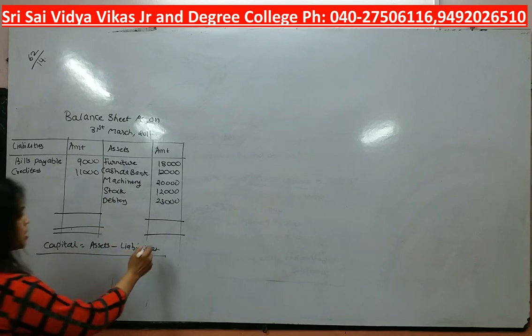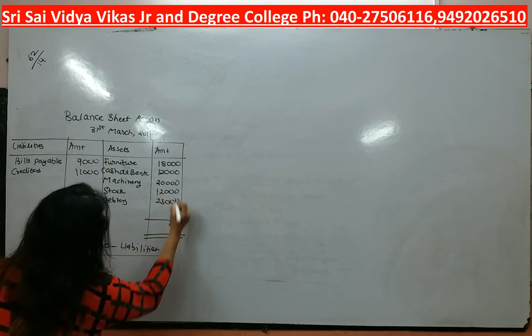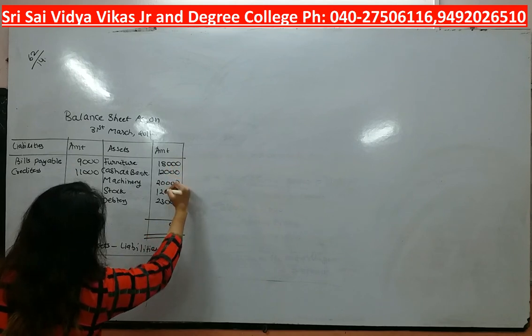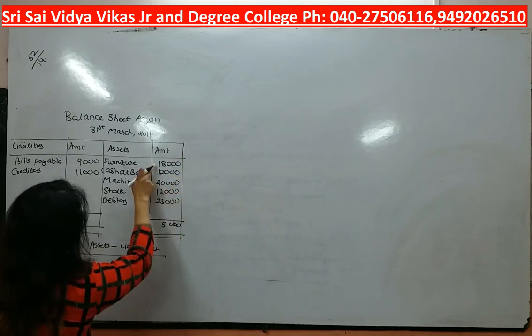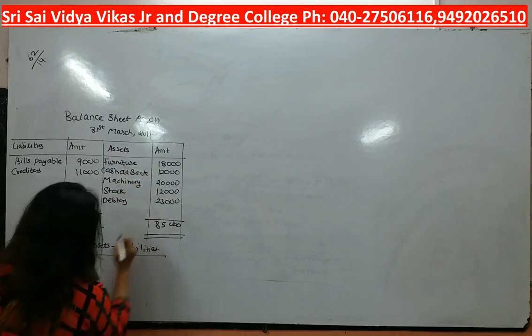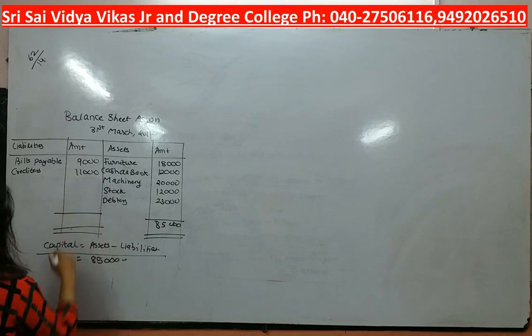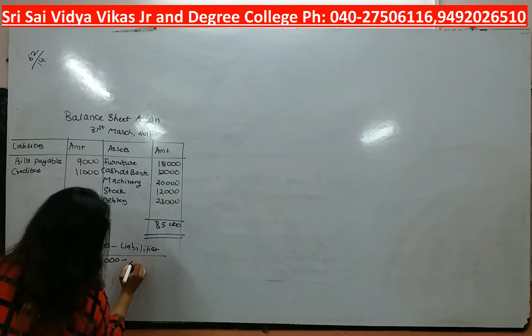So first, always you need to do the total of your assets. Your asset total is 8 plus 2, 10, 10 plus 2, 12, 12 plus 3, 15, carry 1, 2, 3, 5, 6, 7, 8, 85,000. Asset total is 85,000, whereas your liability side total is 20,000.